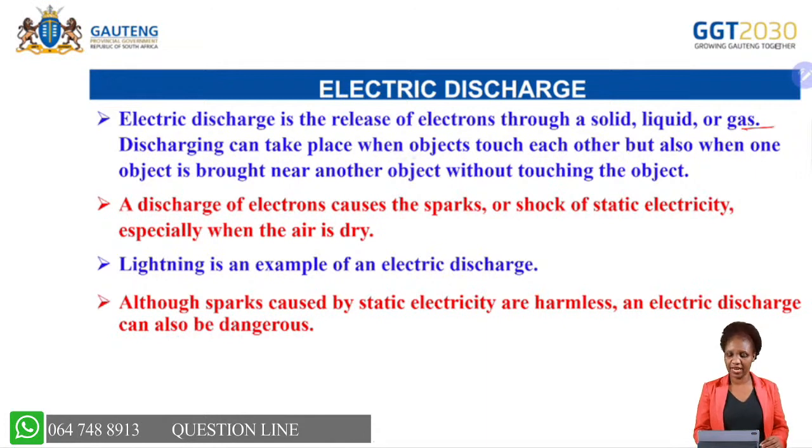Discharging can take place when objects touch each other, but also when one object is brought near another object without touching each other. All right, even without touching each other, there can be a discharge. Even touching each other, there can be a discharge. A discharge of electrons causes the sparks or shock of static electricity, especially when the air is dry.